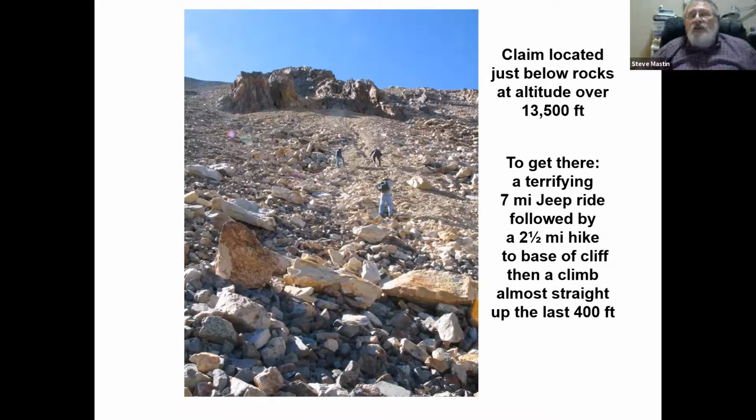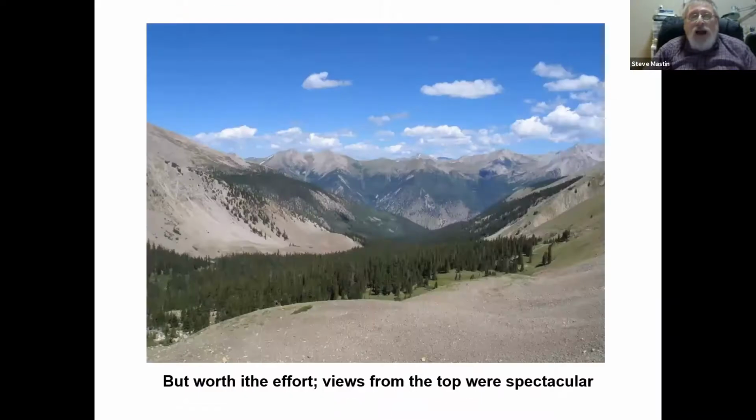That says if you're not careful, you take 1 step forward and slide 2 steps back. All right, so now we're on the claim, and the views, as you might expect, are absolutely spectacular. In any direction you look, you see something like this. Absolutely amazing.